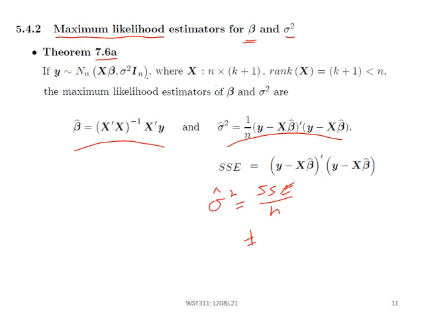The estimator previously was equal to the error sum of squares divided by n minus k minus 1, which was also identified to be the unbiased estimator. So the maximum likelihood estimator for sigma square is not an unbiased estimator.